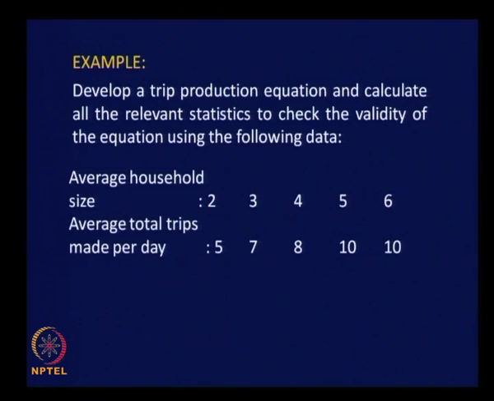And if you look at the other variable, average total trips made per day by that particular household, the numbers given are whole numbers, but when you work out these values in practice you may end up with fractions also. You may end up with trips like 5.25, 7.10 and so on, because you are taking averages.